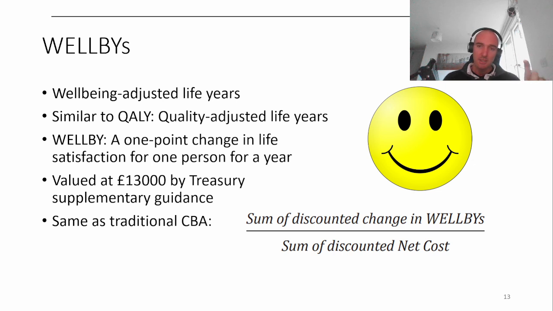In Treasury guidance about how to calculate a WELLBY, a single WELLBY is estimated to be valued at about £13,000, and we use it pretty much the same way we would use traditional cost-benefit analysis. So we would take the net present value of the WELLBYs and divide that by the net present value of the cost of generating those WELLBYs, and that would give us the cost effectiveness ratio. And then the idea is that you just fund the things that are the most cost effective for generating WELLBYs.